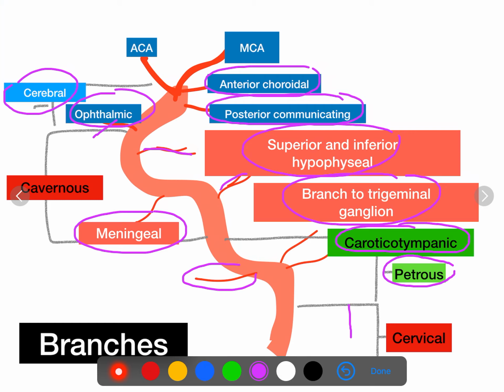It is a long and slender branch, so it is more prone to thrombosis. The lumen is narrow, so it is more prone to thrombosis. Now the terminal branches are the middle cerebral artery and anterior cerebral artery, which we will discuss in detail.